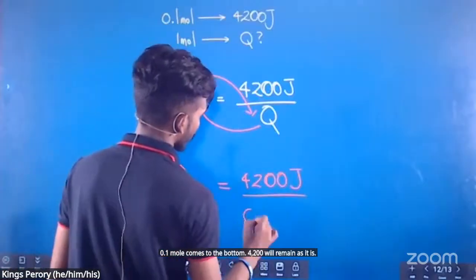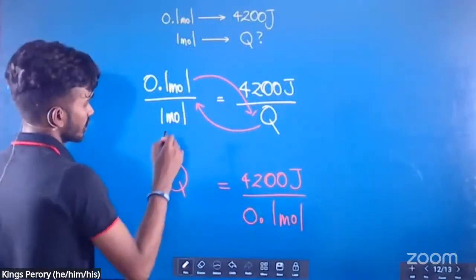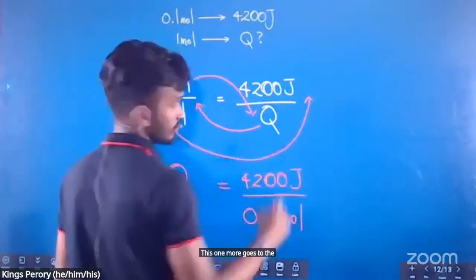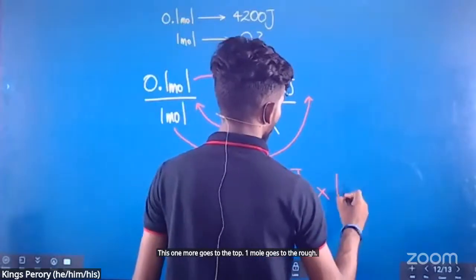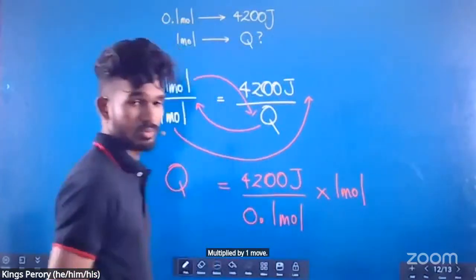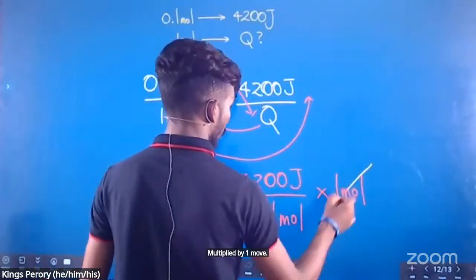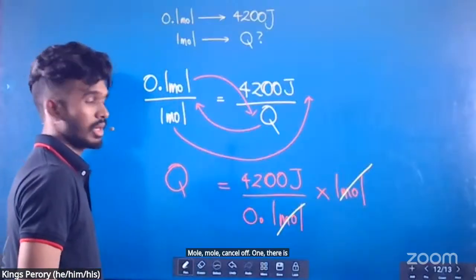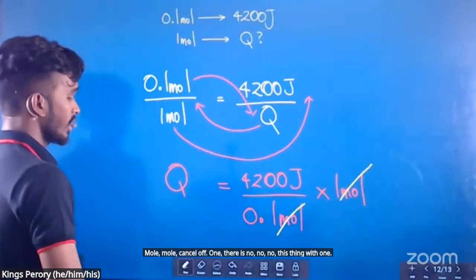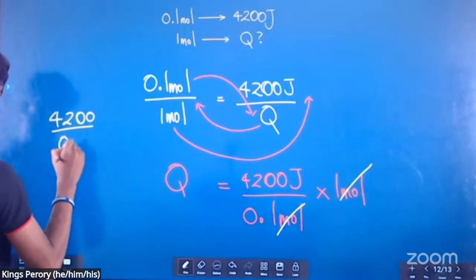0.1 mole comes to the bottom. This 1 mole goes to the top, multiplied by 1 mole. Mole cancels off, and there is no change with 1. So it is 4,200 divided by 0.1.